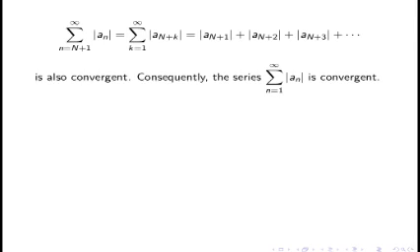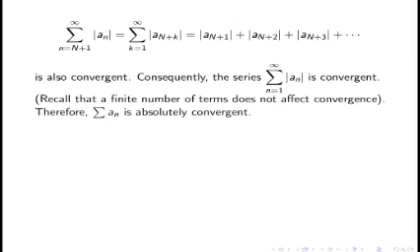And we know that a finite number of terms cannot affect the convergence or divergence of a series. And so therefore the sum of a_n is absolutely convergent.